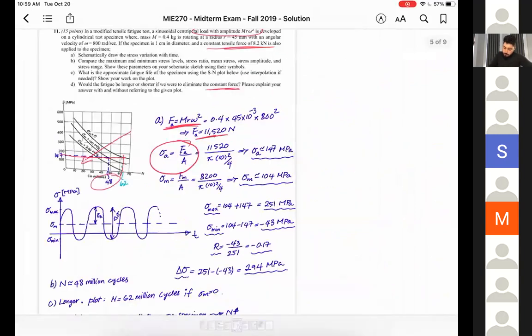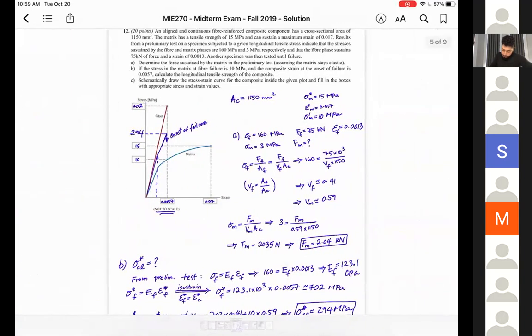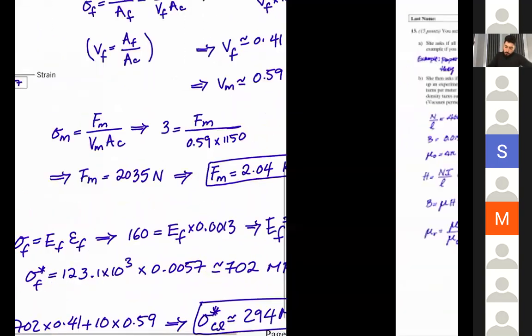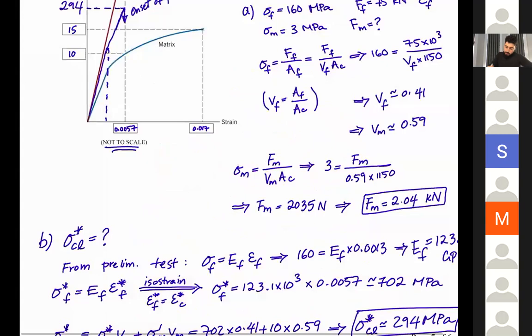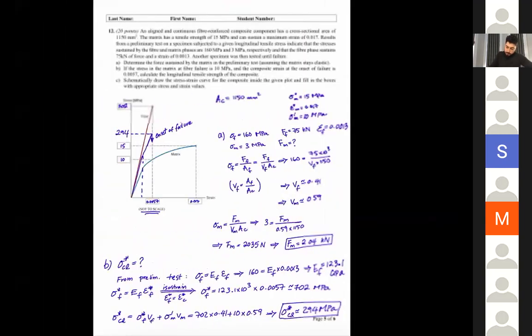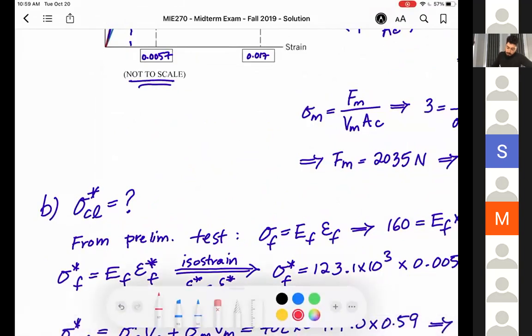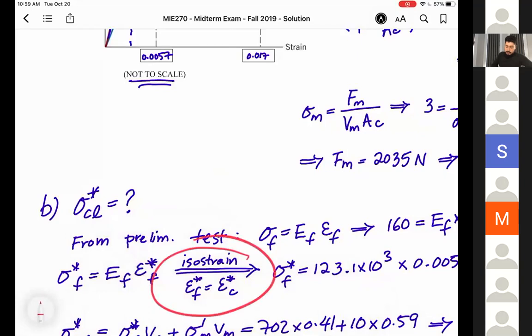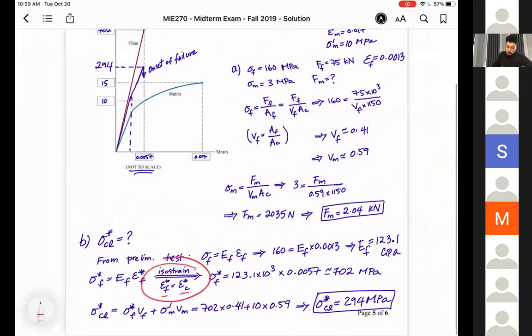Another trick on this was here. Professor Azari expected you to know what we discussed earlier, which we called the isostrain condition, meaning that the strain in the fiber is the same as the strain in the composite, and therefore we are able to solve for the fiber failure.